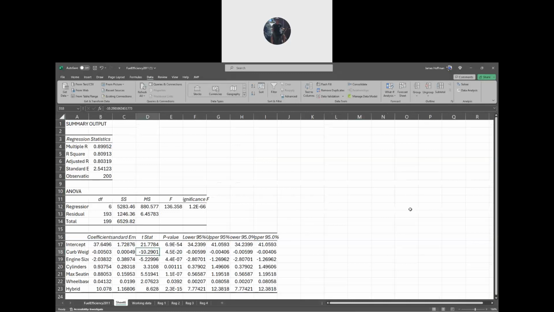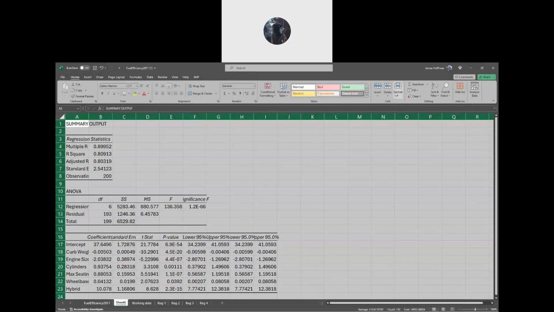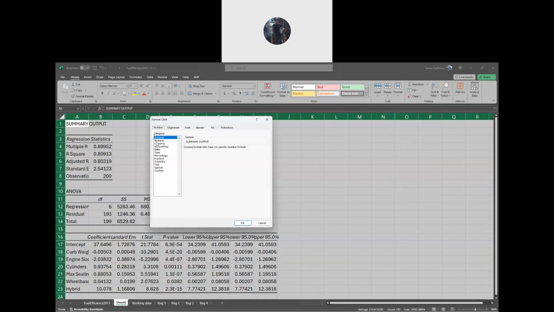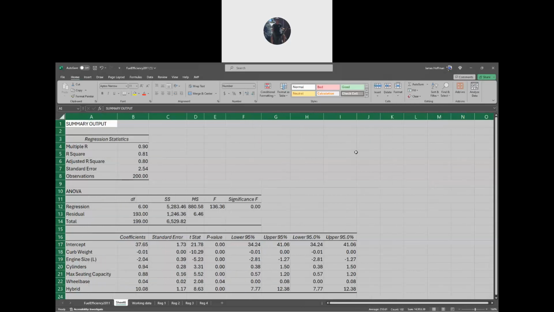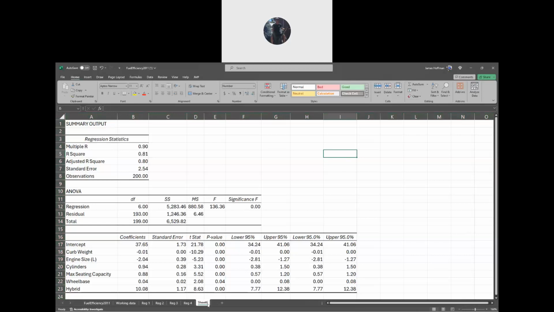All the t-stats are -10, 5, 3, 5, 2, and 8. Okay, so I'll call this part A. Our reduced model for part A has curb weight, engine size, cylinders, max seating capacity, wheelbase, and hybrid.